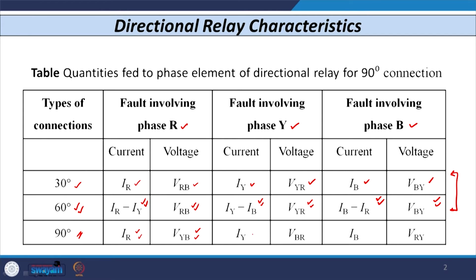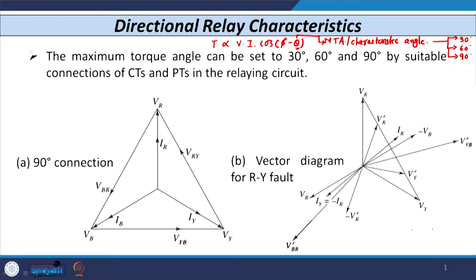Similarly, for Y phase we give IY current and the voltage other than Y phase, that is VBR, and similarly for B phase we give IB current and the voltage other than B phase, that is VRY.